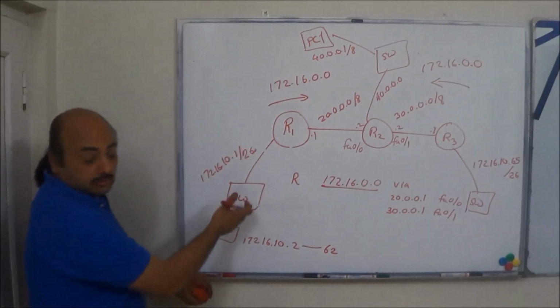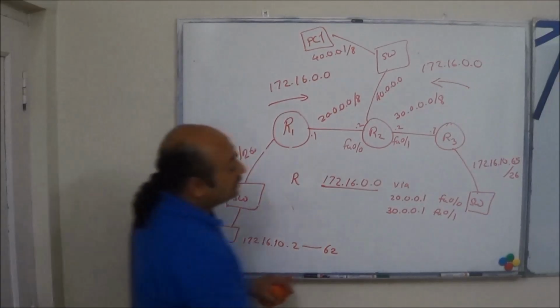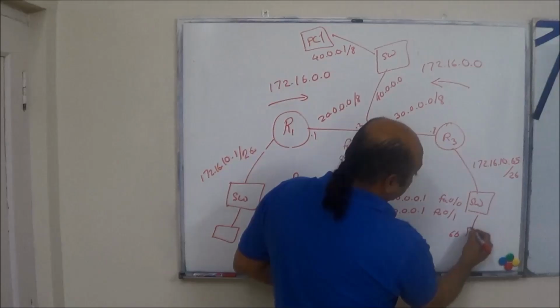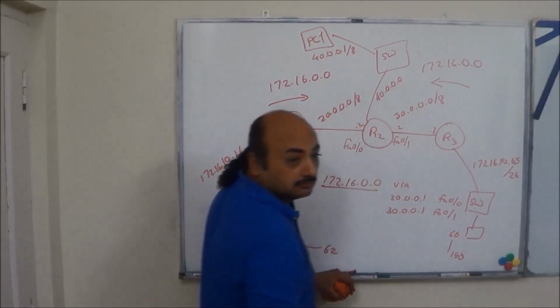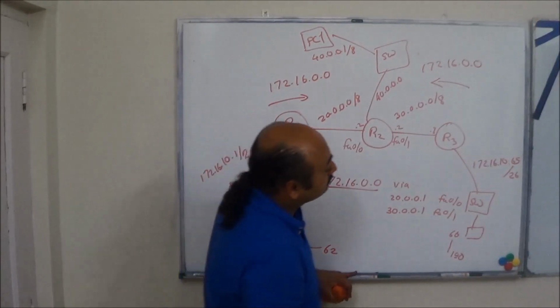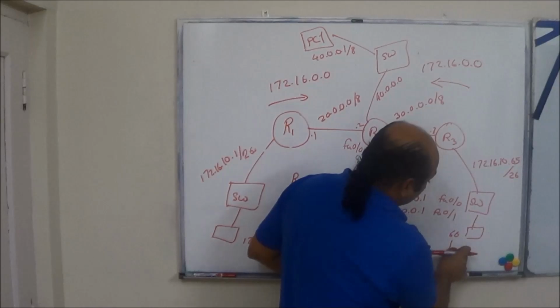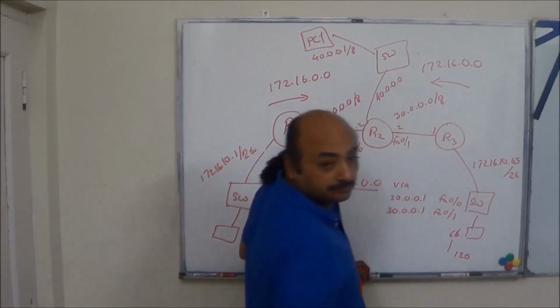This can be a number of PCs that can be going under this. And likewise here, 66 to 126.